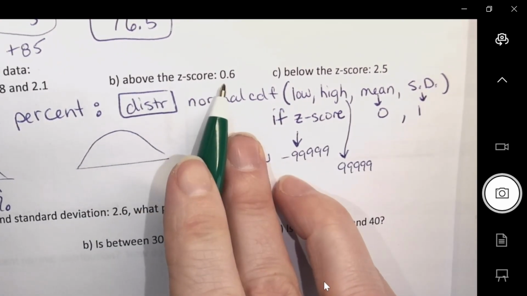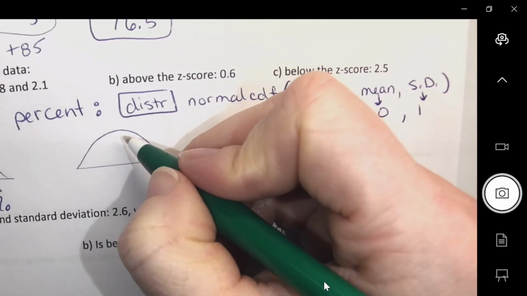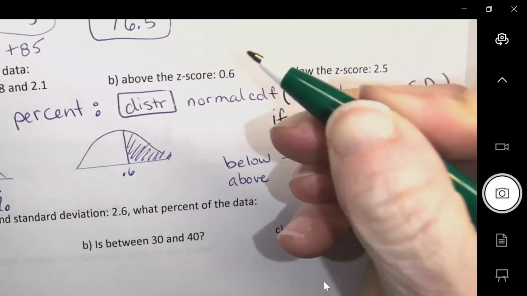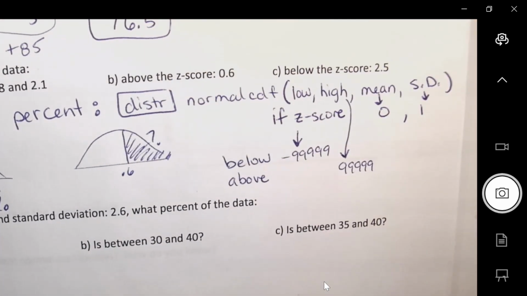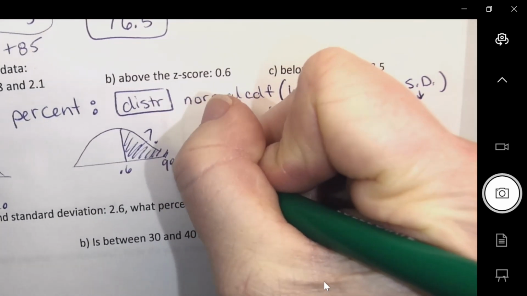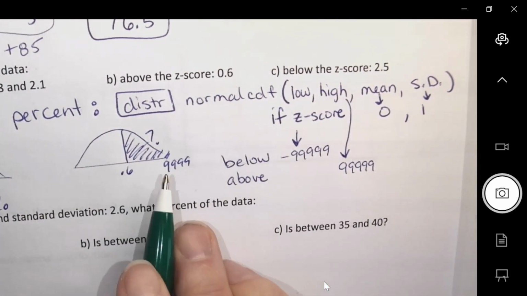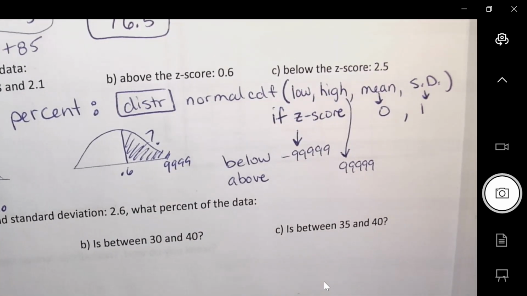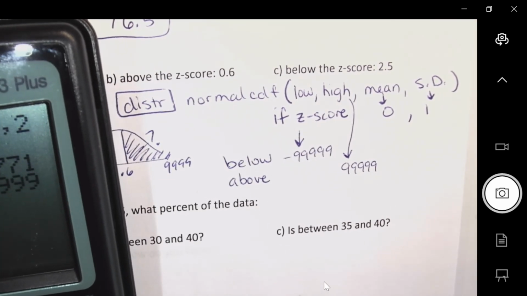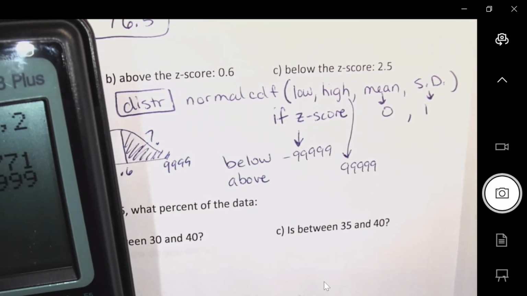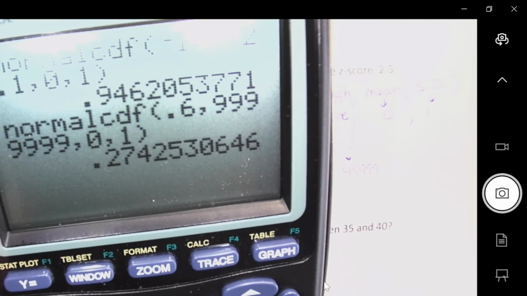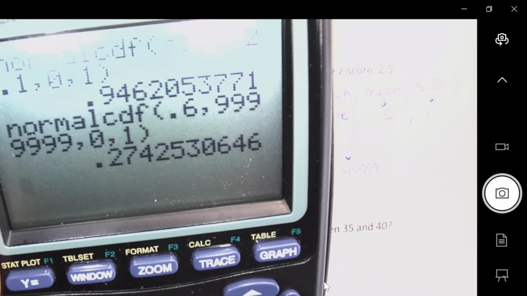So on question B, I'm trying to get above 0.6. So that's what I'm asking you for. What is that percent of the data? So you're going to use the 0.6, comma, and then the 99999, right? 27.4%?